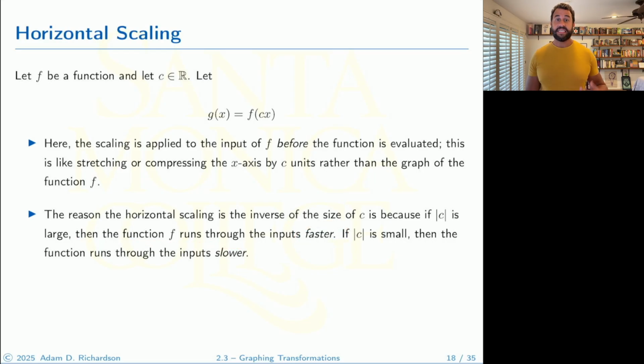It's like the speed in that sense. But if the size of C is small, then you're having the function go through the inputs more slowly. You just slowed everything down. So that gives you a big stretch like that.